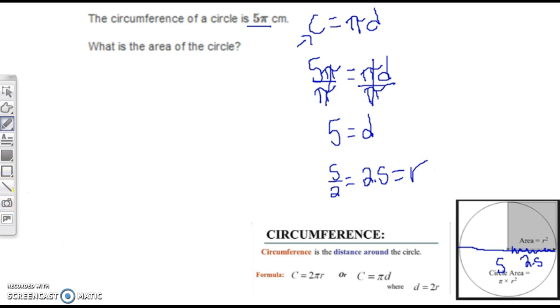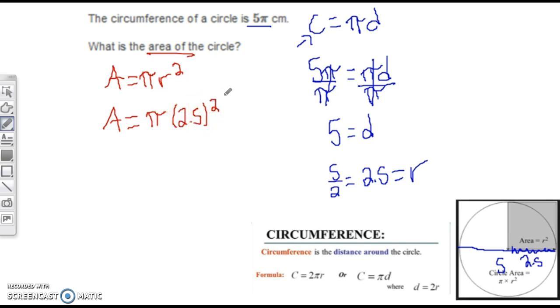And once you know your radius, then you can plug it in to find your area, because the area formula is pi times the radius squared. So to get our area, we could do pi times 2.5 squared.